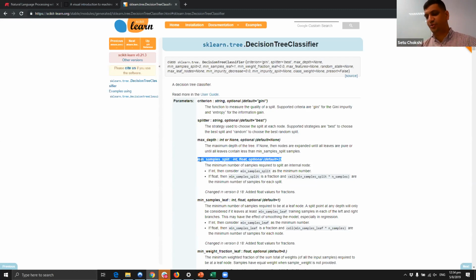The default is 2. So it will keep splitting the tree till it has 2 values, beyond which it's not going to split. So that's another way of controlling how deep your decision tree goes.